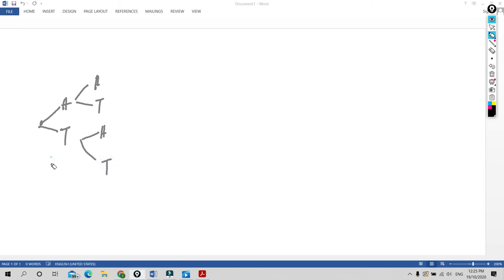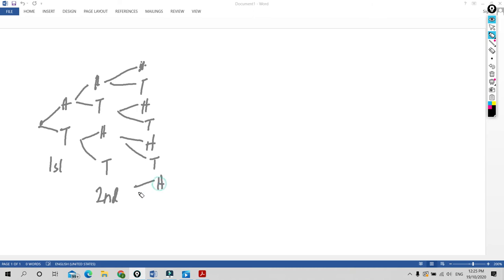This is the first outcome, this is the second. The third one, I have head and tail here. I can have head and tail, then head and tail. It's the third one.